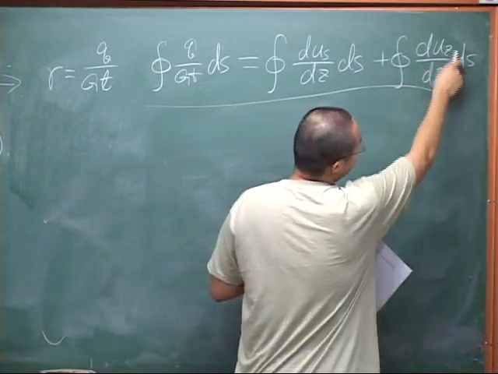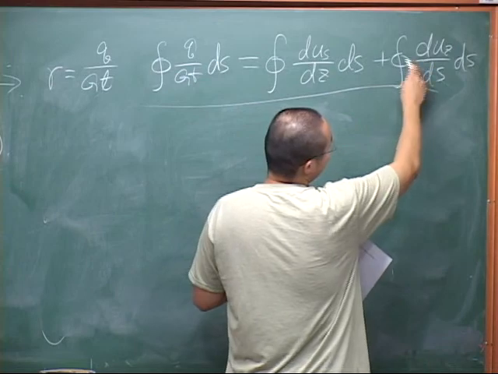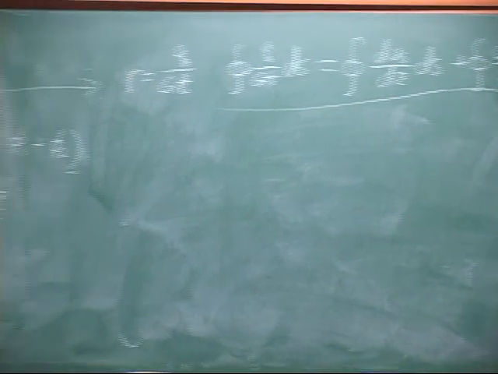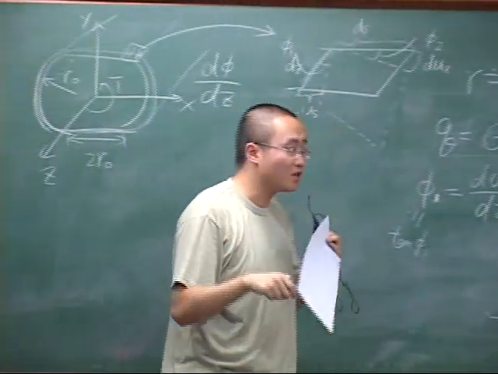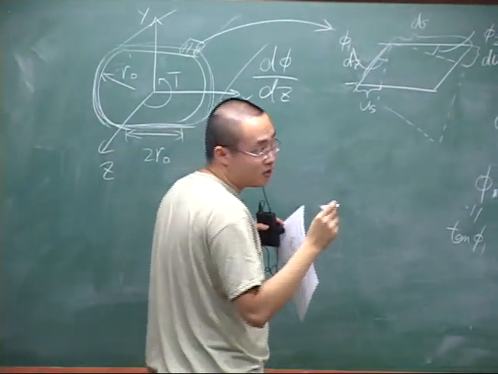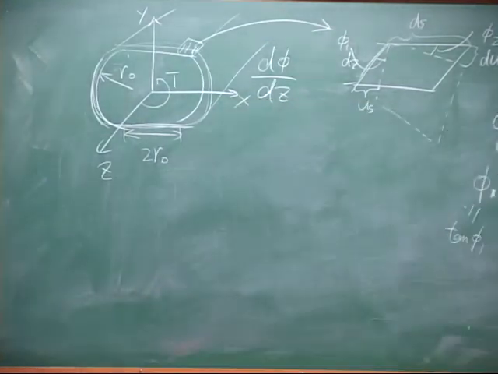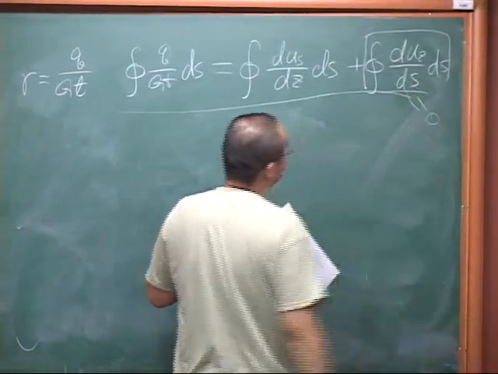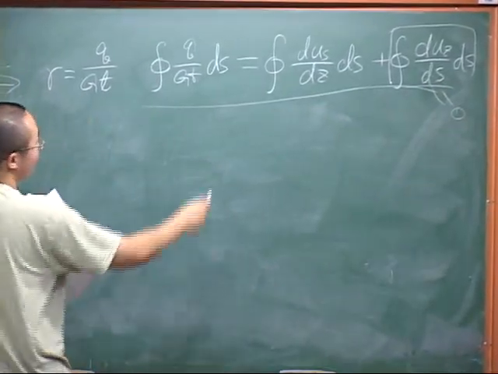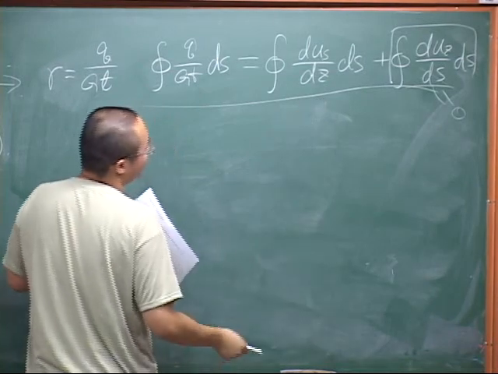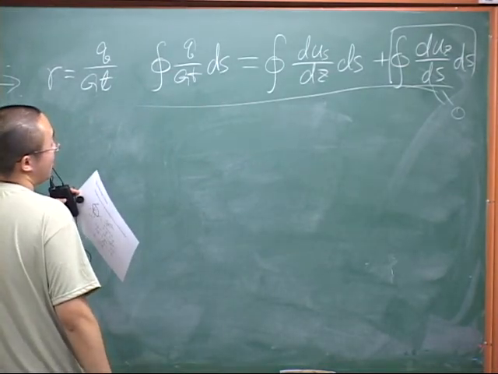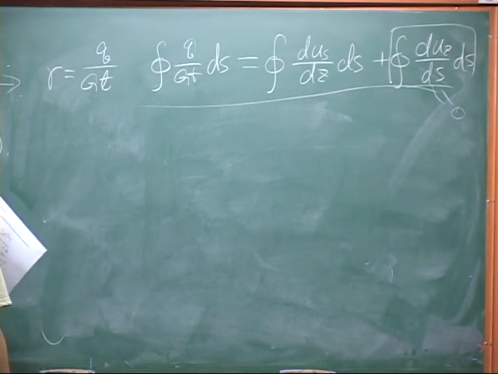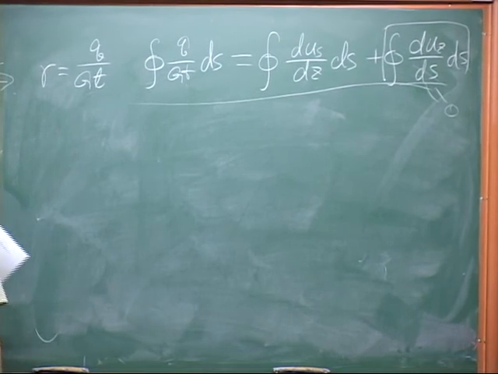See, ds here, nothing. You actually want to know the total displacement in z direction. But in torsion case, we assume there's no axial displacement, which means this whole term reduces to 0. And this is the only term left. What is du?